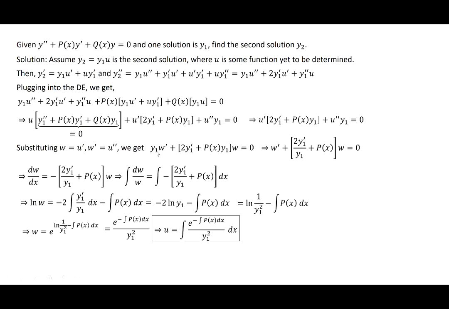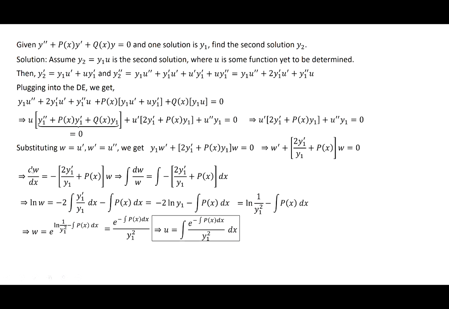Right? So this is a first order equation in w. And we know exactly how to solve first order equations. How? Check this out. I divided throughout by y1 and ended up with this. And then dw dx is equal to negative of this.